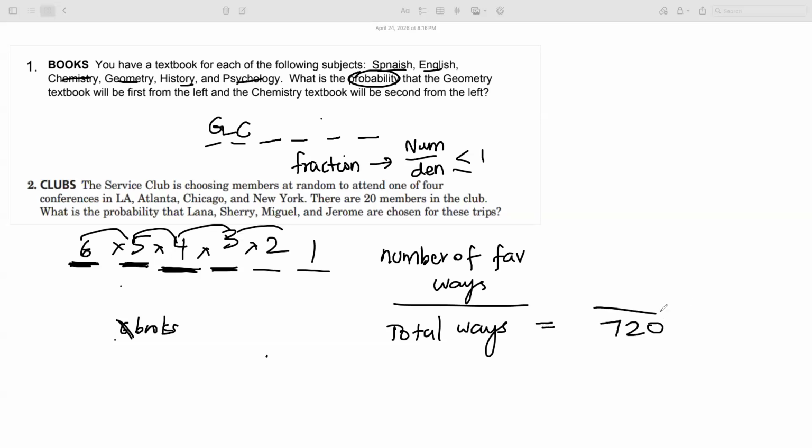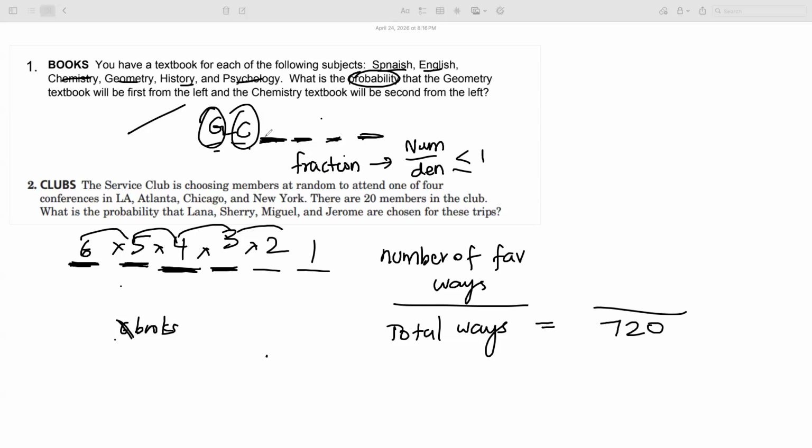720 is the total number of ways. Jaya, are you with me? Yes, ma'am. Now, what is the favorable way? What is meant by favorable ways for this question? Favorable way indicates that in the 6 slots, I have G as first, C as second. I am not bothered about anything I place here. So I already placed my geometry book and my chemistry book.